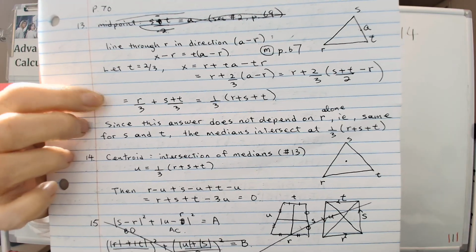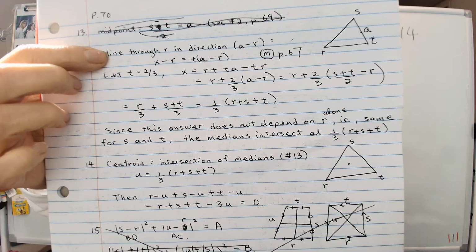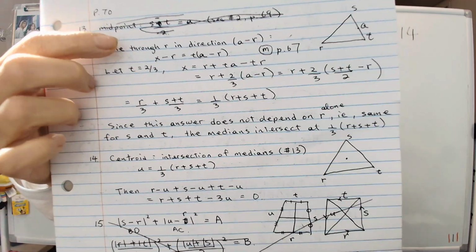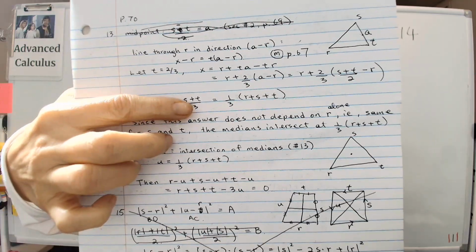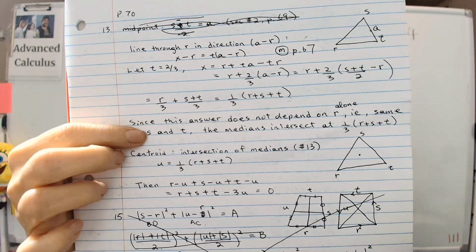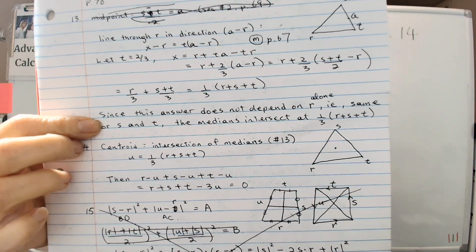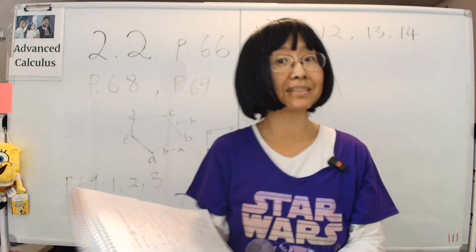That answer will be the same even if we were to go through r or s or t, because it'll end up being symmetrical. If we change the name to s or t, it all ends up being the same point. Therefore, all three medians intersect at the same point, which is 1/3 (r plus s plus t).